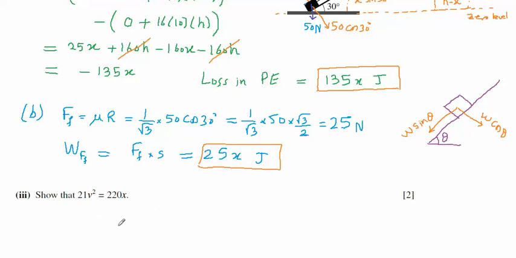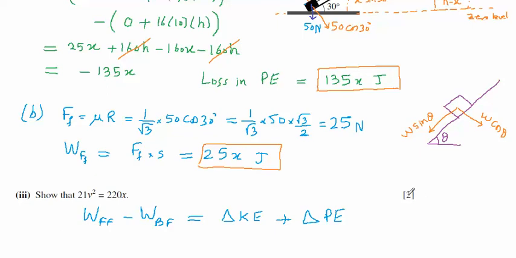If I first write the work energy equation here, we know that work done by all the forward forces minus the work done against all the backward forces, which are acting in the backward direction, is equal to the change in kinetic energy of the system plus the change in the gravitational potential energy of the system.